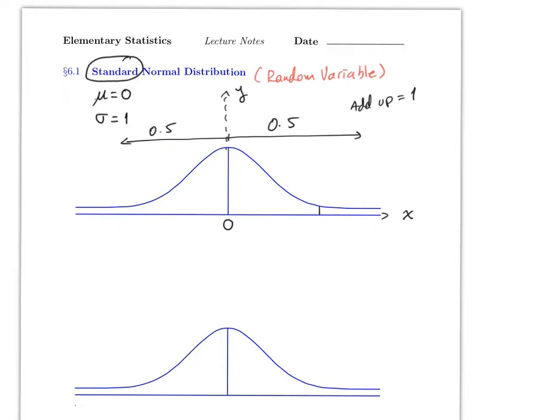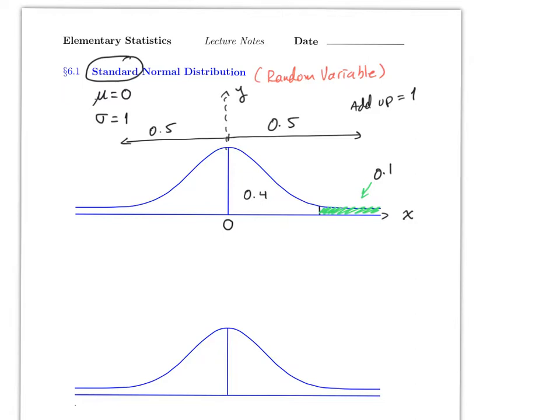Now, let's say that this part right here is equal to 0.1. What does that mean for the rest of the graph? So that automatically means that this part has to be 0.4. Why? Because from here to here is 0.5. So if this is 0.1, that means this is 0.4.